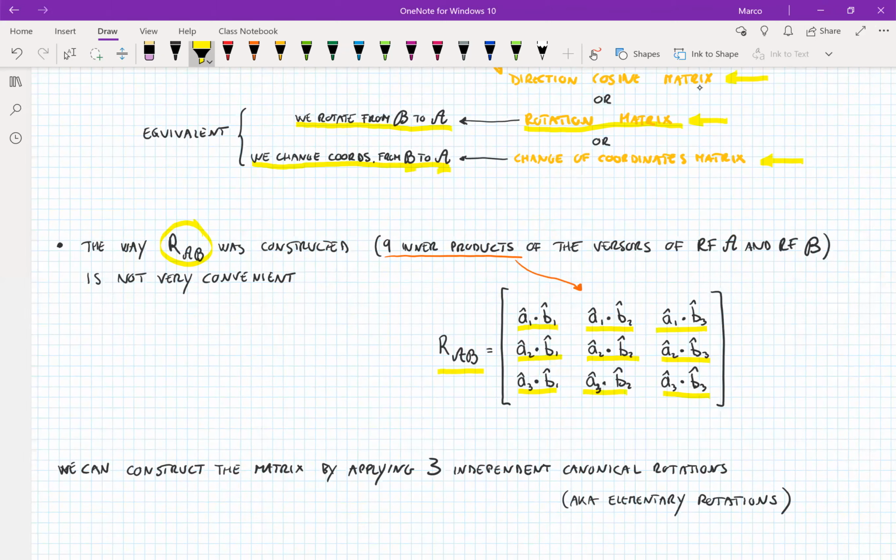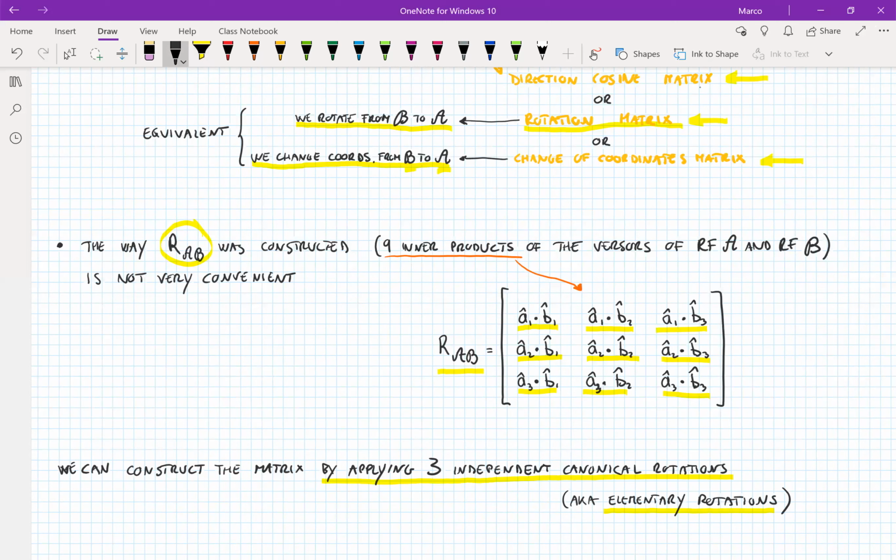The way that we will construct this rotation matrix between one reference frame and another is by applying 3 independent canonical rotations, which are also known as elementary rotations.